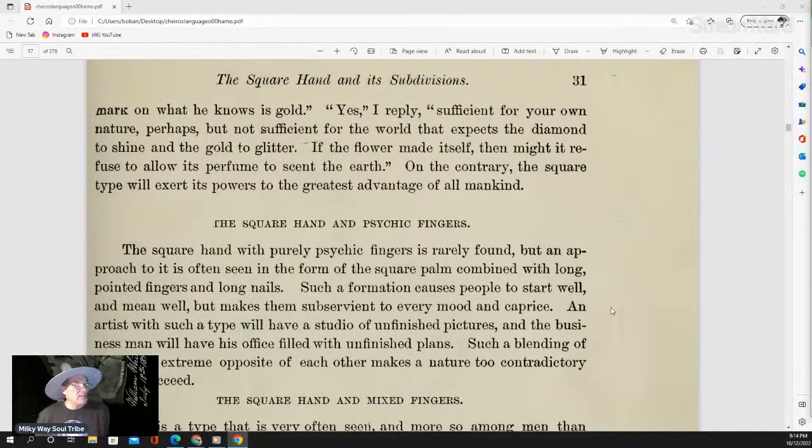Yes, I reply, sufficient for your own nature, perhaps, but not sufficient for the world that expects the diamond to shine and the gold to glitter. If the flower made itself, then might it refuse to allow its perfume to scent the earth. On the contrary, the square type will exert its power to the greatest advantage of all mankind.